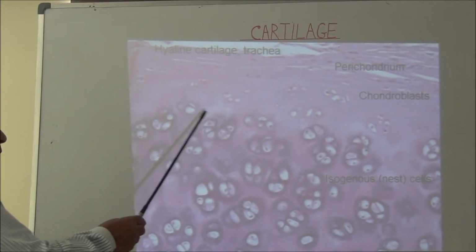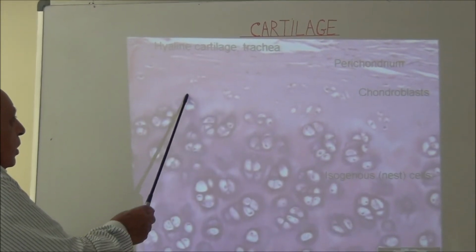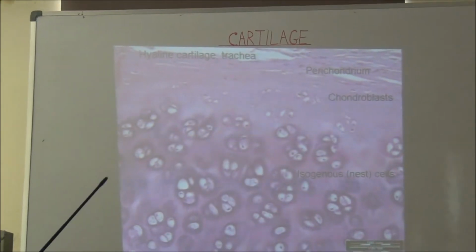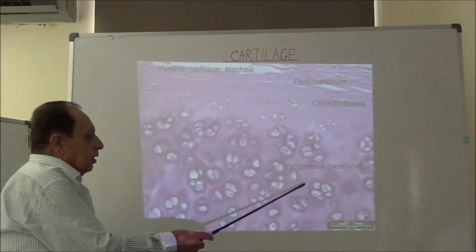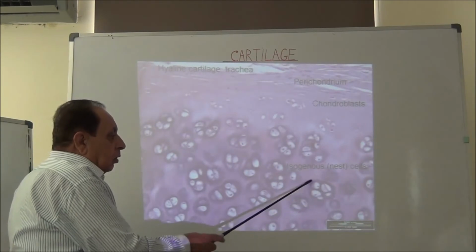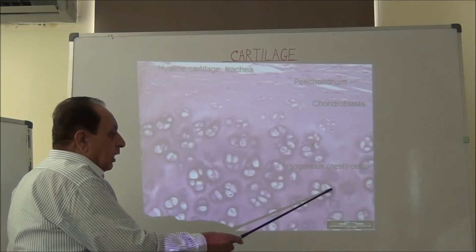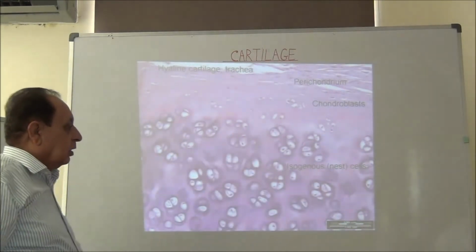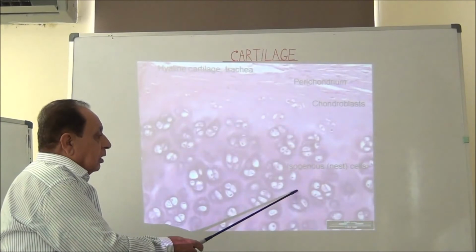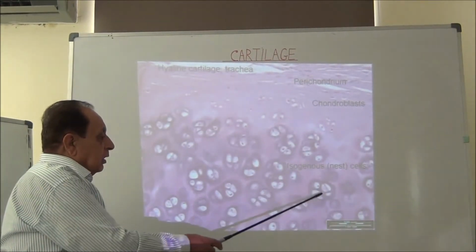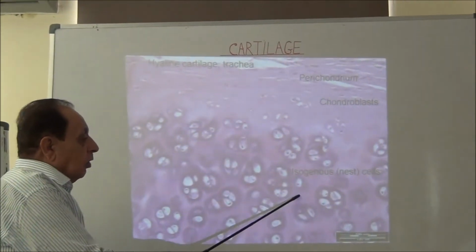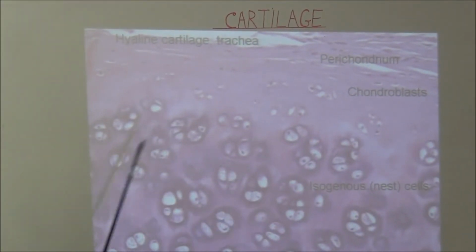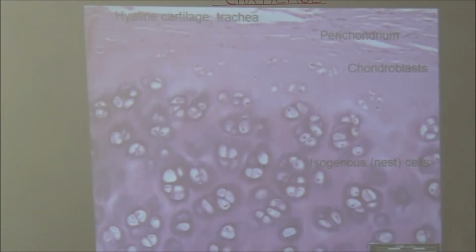The matrix which covers a group of cells or cell nest is called the territorial matrix, and the remaining portion between these cell nests is called the interterritorial matrix.